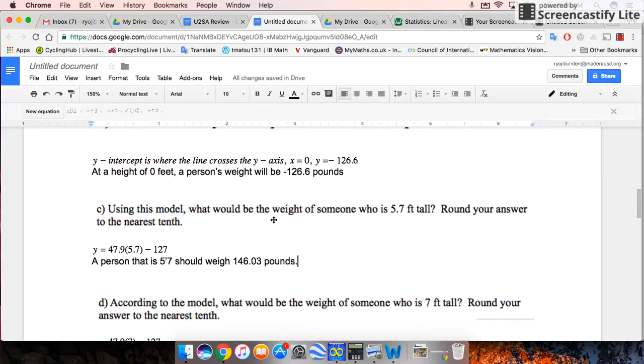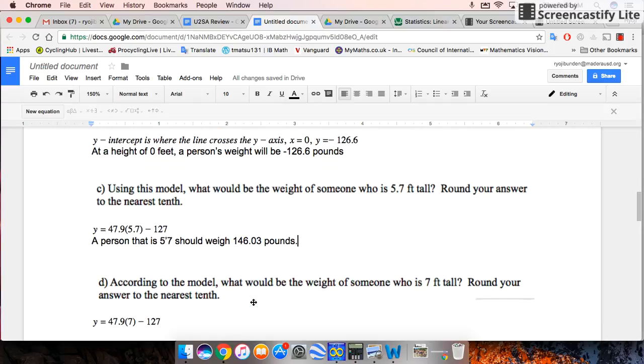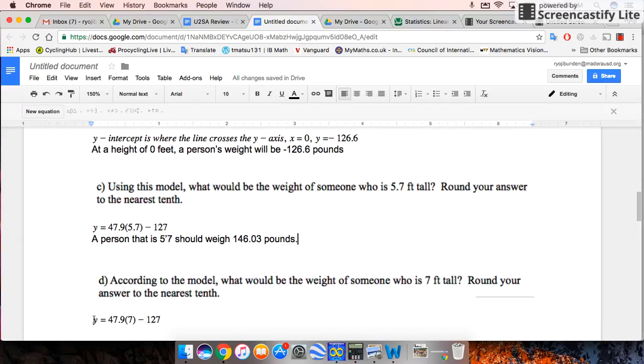Okay, so now someone that's 7 feet tall, again, they're giving us the height, so we're going to substitute height for x. So we get this equation, y is equal to 47.9 times 7 minus 127.